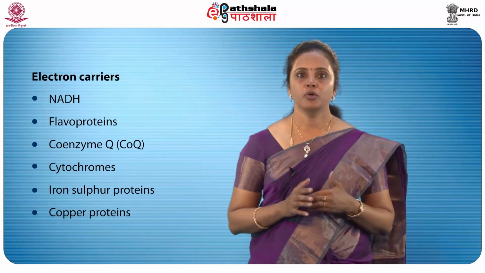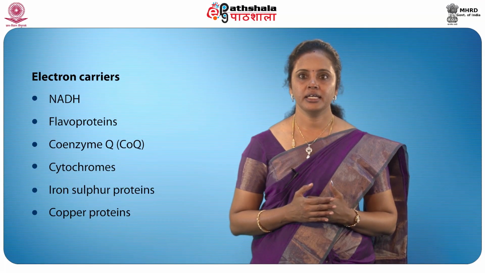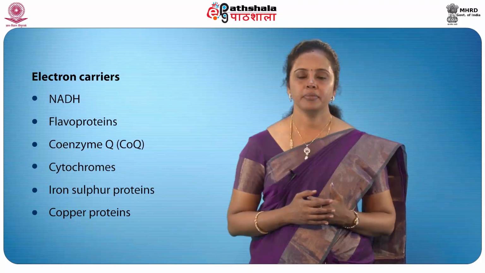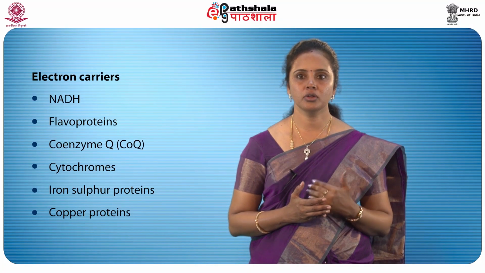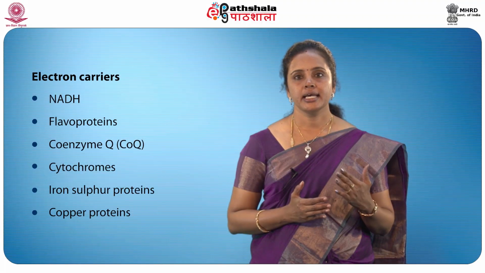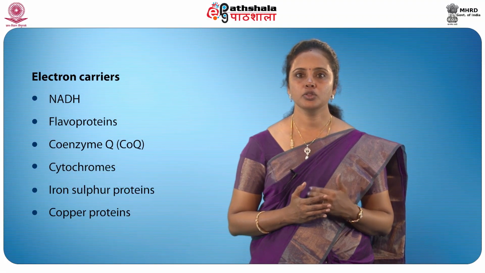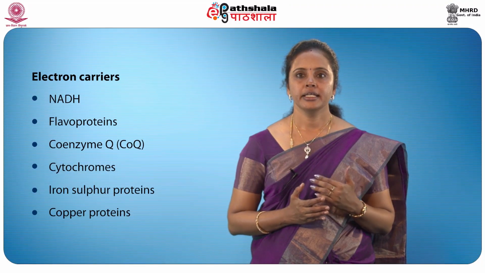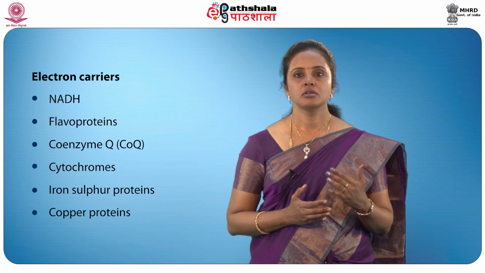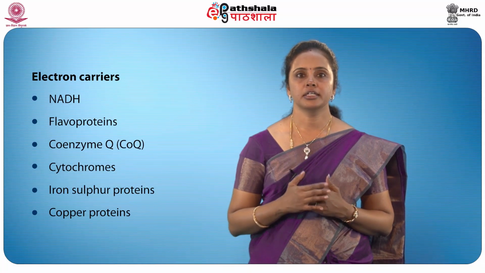Second one is flavoproteins. So, flavoproteins have either FAD, that is flavin adenine dinucleotide, or FMN, that is flavin mononucleotide as the prosthetic group. Flavoproteins can accept or donate electrons one at a time or 2 at a time. Therefore, they are often intermediates between 2 electron acceptors or donors and 1 electron acceptor or donor.